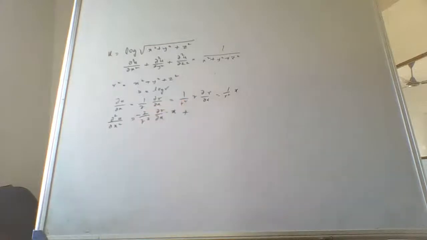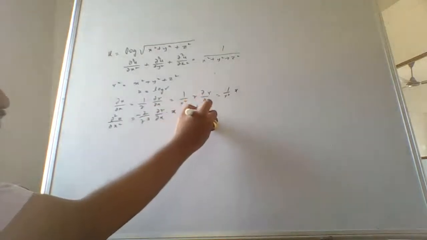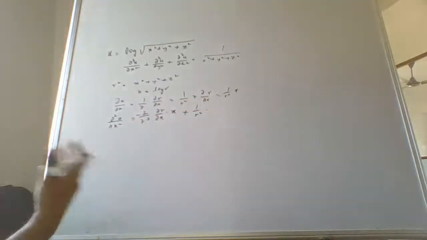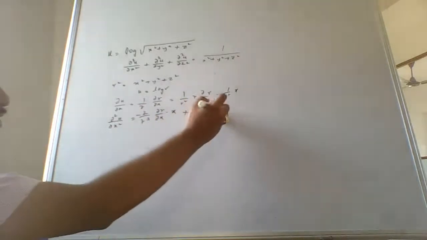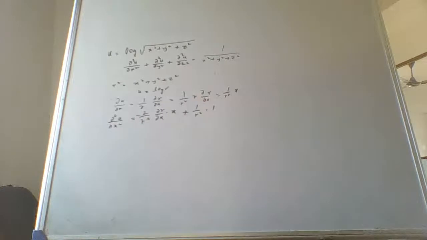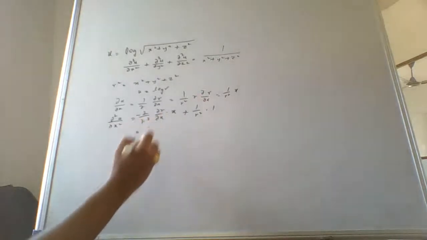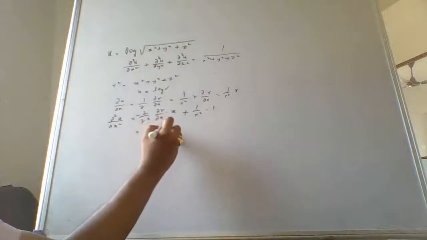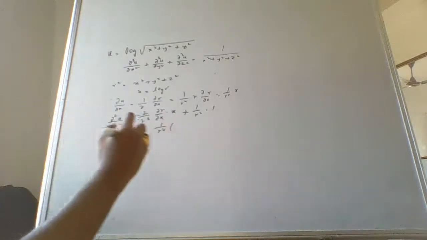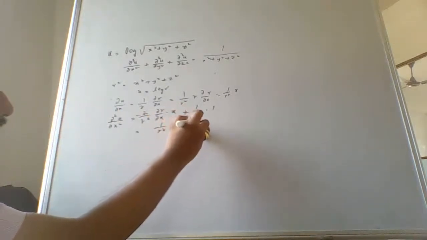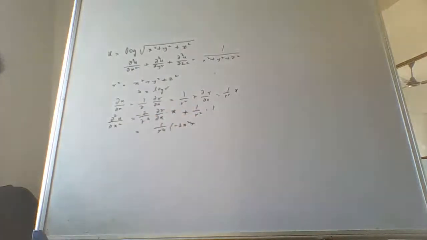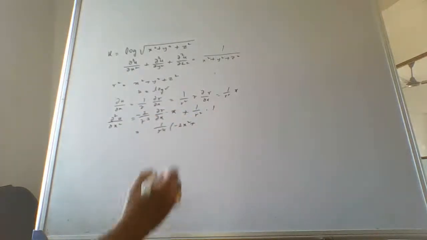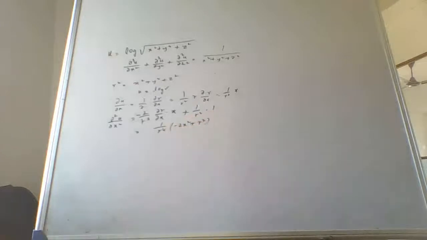Plus 1 by r square into, we are doing with respect to x, so I get 1 here. When you try to simplify further, I get 1 by r power 4 into minus 2x square plus r square.